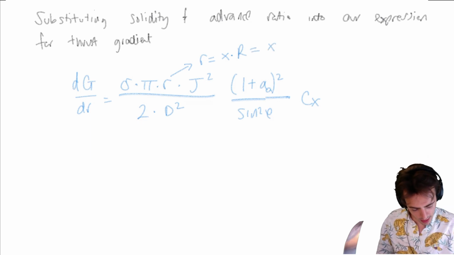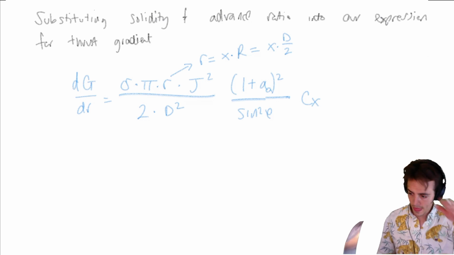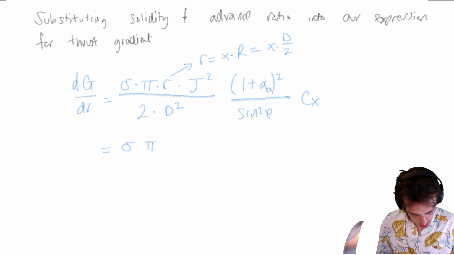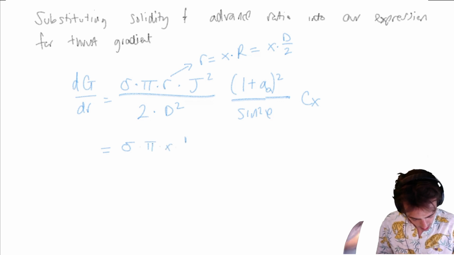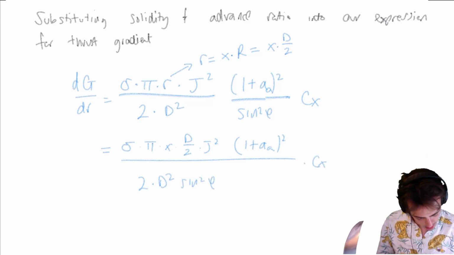So that's equal to x multiplied by d divided by 2 in this case. So if we substitute that in, we get sigma multiplied by pi multiplied by x multiplied by d on 2 j squared 1 plus AA squared 2 d squared sine squared phi multiplied by cx.